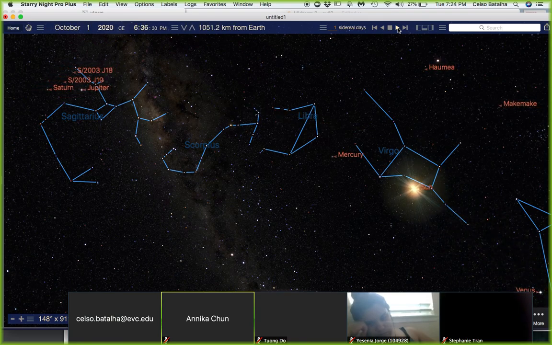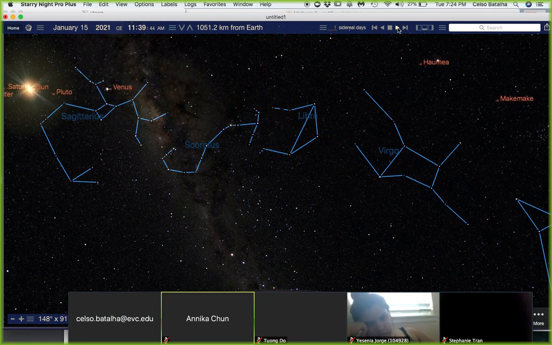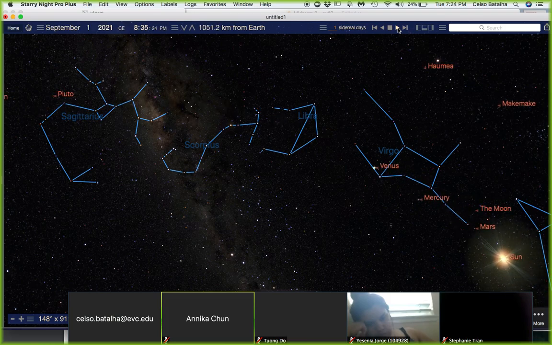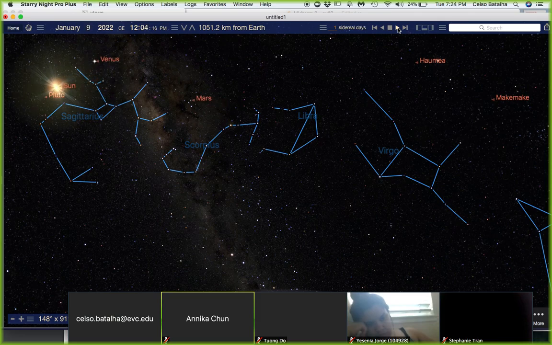We are seeing an apparent motion with respect to the stars in the background. The stars seem to be fixed. The stars are so far away, they seem to be fixed. But with respect to the stars, the planets, the sun, and the moon seem to be moving from the western sky all the way to the eastern sky most of the time.